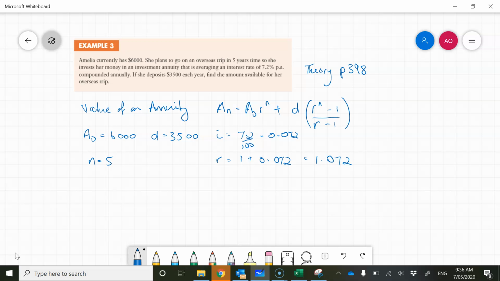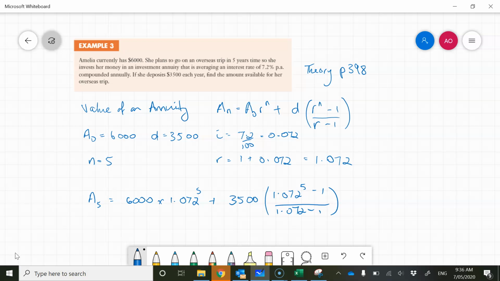So then we just put those values into our formula and come up with A_5, at the end of 5 years, is equal to 6,000, same as the previous one, times R, which is 1.072, to the power of 5, plus D, which is her 3,500 she adds each year, multiplied by (1.072 to the 5th minus 1) over (1.072 minus 1).